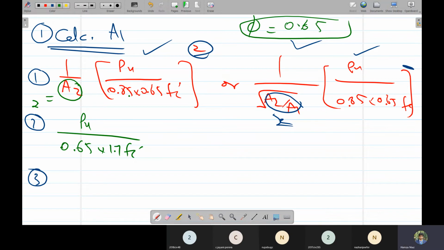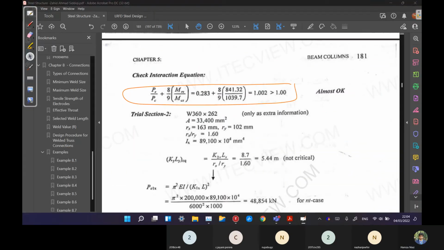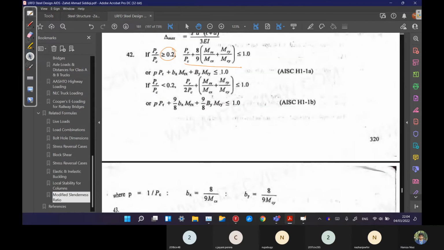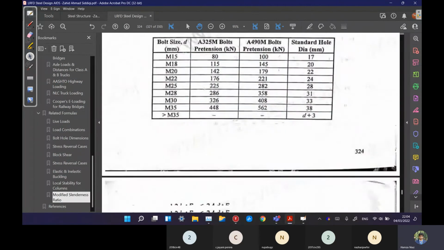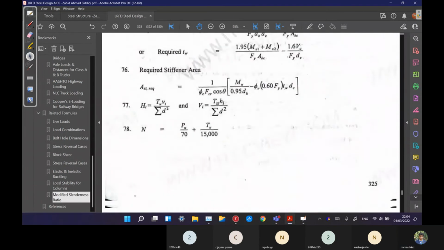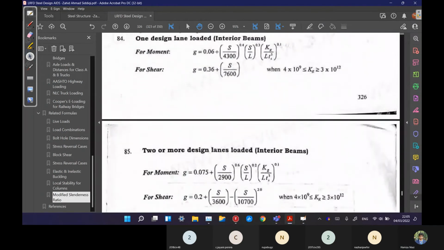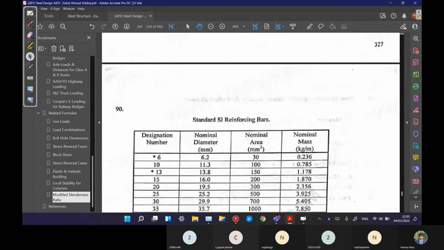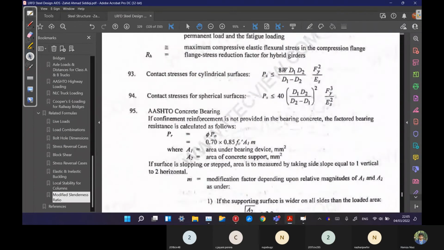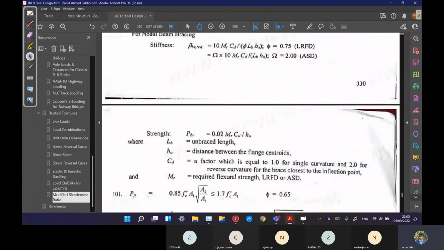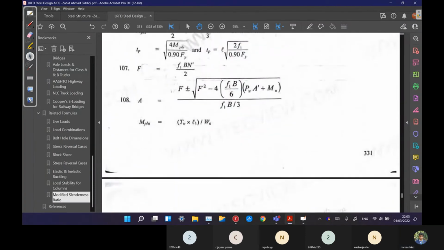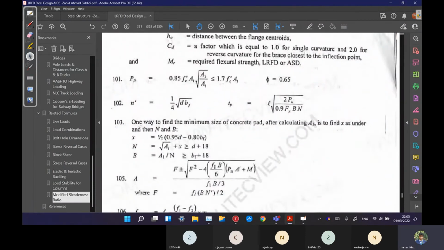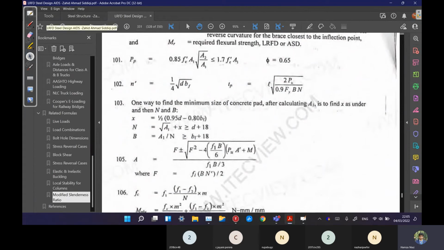The last one: some formulas are given for base plate in the manual, but these formulas are not given. The last formula we can memorize, or we can get it from the figure.